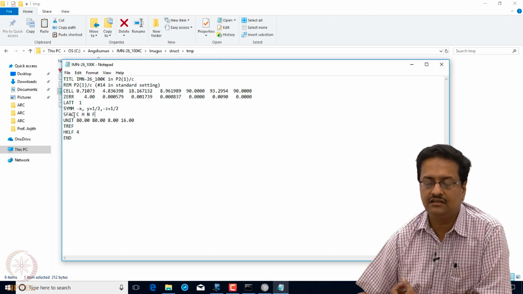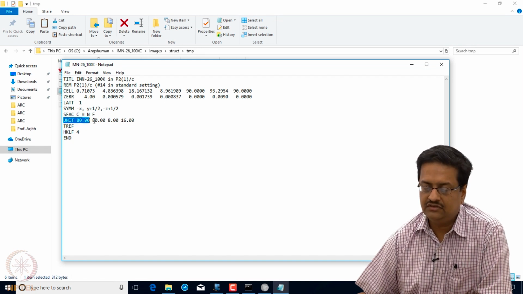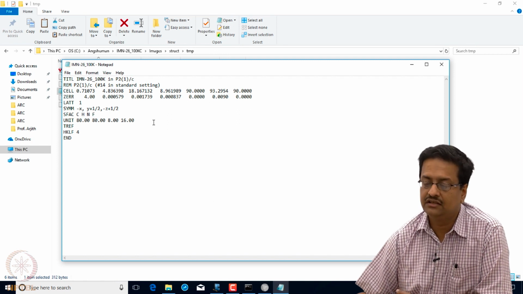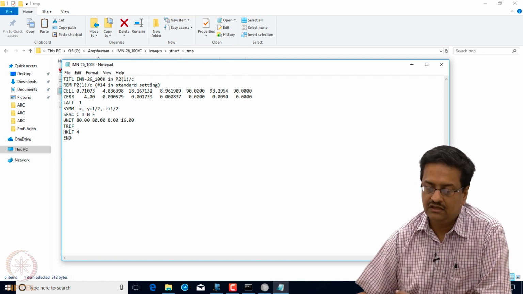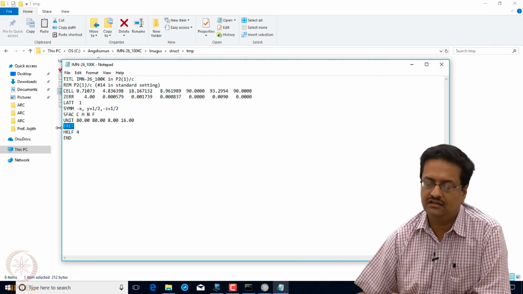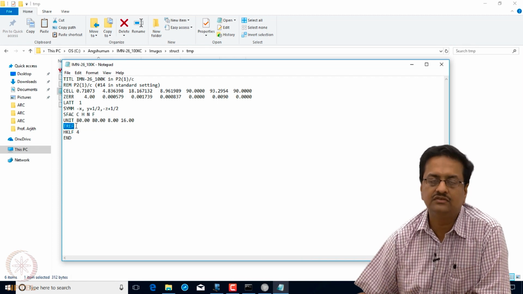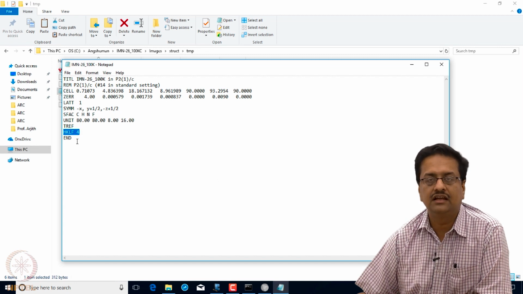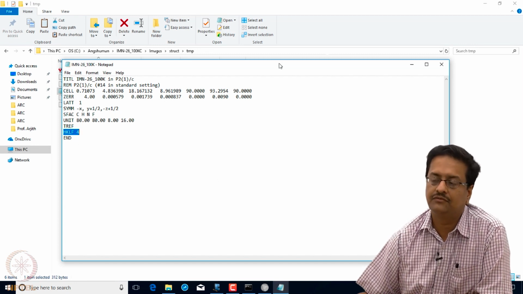So it should take the scattering factor information for these elements only, and the line which is UNIT gives you the information about how many such atoms, carbon, nitrogen, hydrogen, oxygen, are present in the unit cell. TREF is given to indicate that you want to do the structure solution using direct methods, and HKLF 4 is indicating the format of the HKL file.